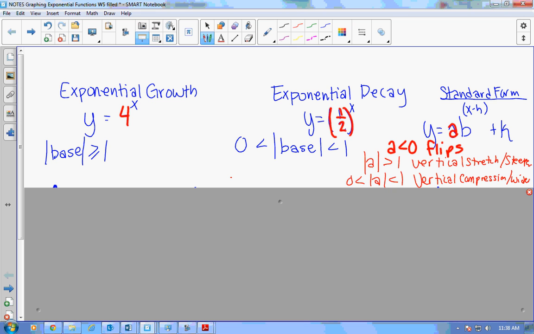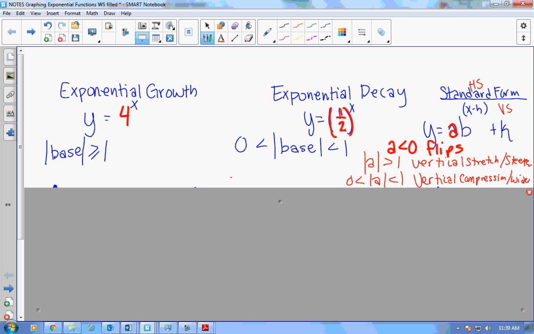The h and the k do the same thing as they do in all the other functions. H is up here in the exponent with the x. It's within the exponential. Yep, horizontal shift. What does the plus k after the exponent do? Vertical shift.